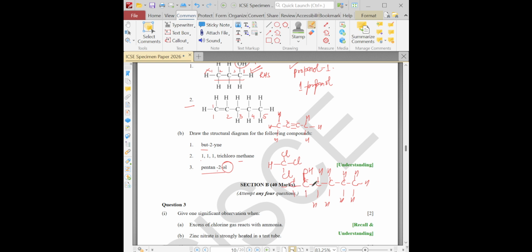So just a second, this got shifted. Okay, so it is not clean. I will write this again. This is the issue when you use the pen on the PDF editor, right. So 1 2 3 4 5. On the second you have OH, on the rest you have hydrogen.